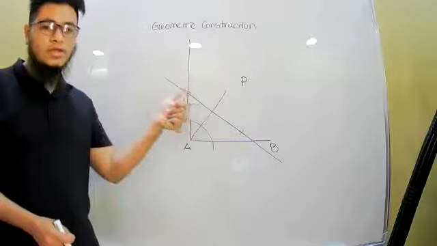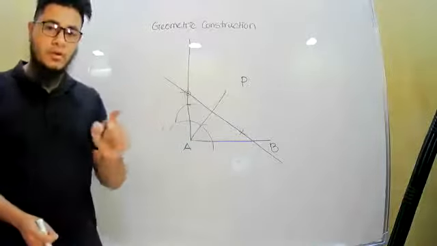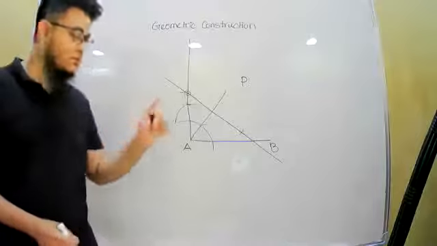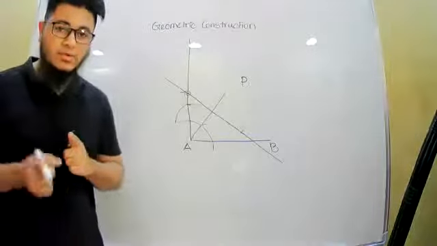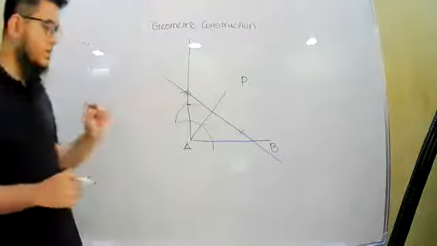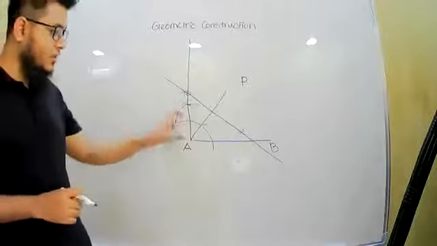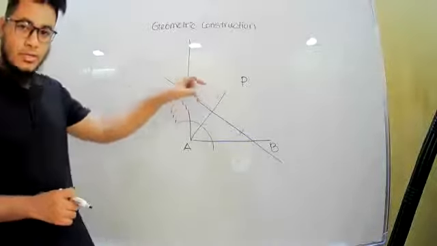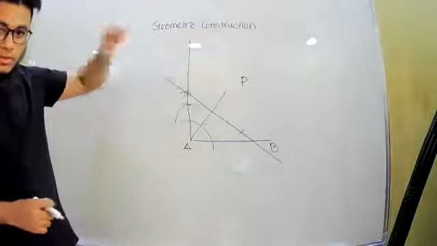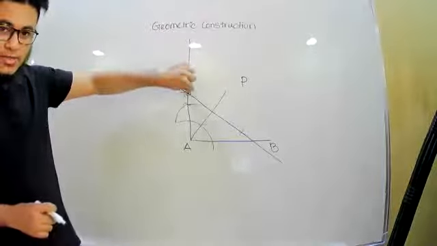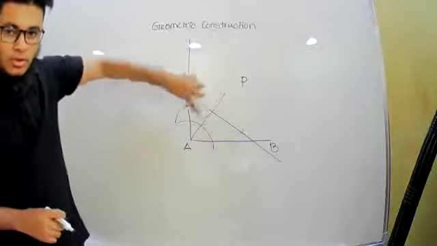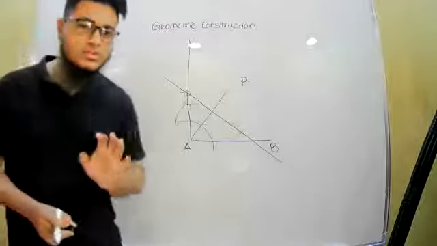So these two lines will intersect at a point. That point will be the center of the circle that we are about to draw. And what will be the radius? We already said that it should pass through point A and through point P. So put your compass here and take the radius up to P, or you can take up to A. Both distances should be the same.